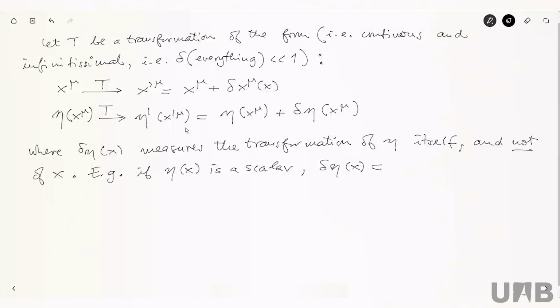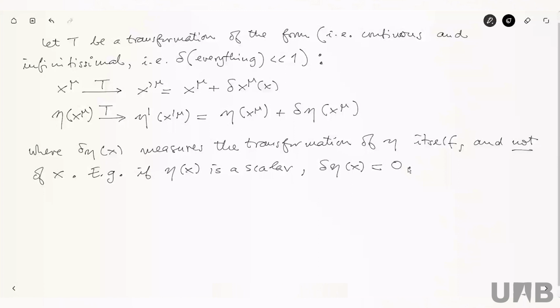Let's imagine that the transformation T is such that eta of X is, under this transformation, a scalar function, is a scalar. So then how much is that delta eta? Zero. Exactly. Very good. Yes, it's 0.